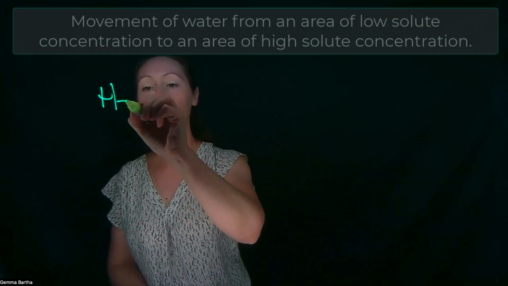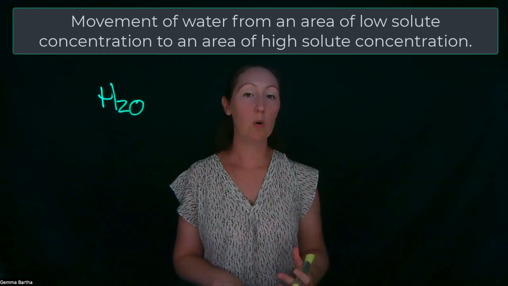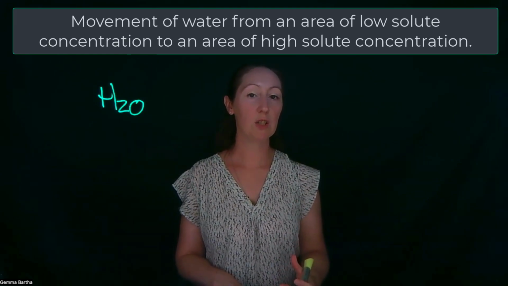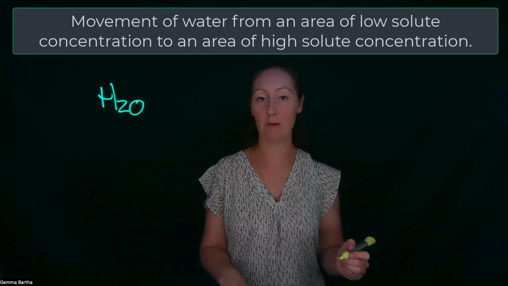All right, let's start talking about osmosis. Osmosis is very similar to diffusion, except this is the net movement of water, so H2O, from an area of low solute concentration to an area of high solute concentration.